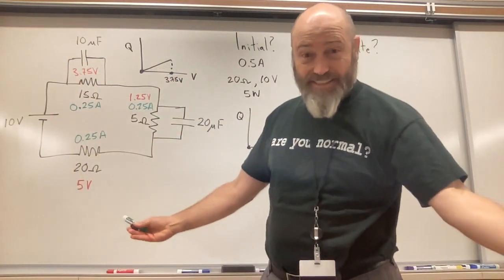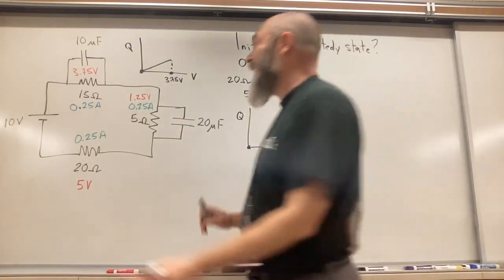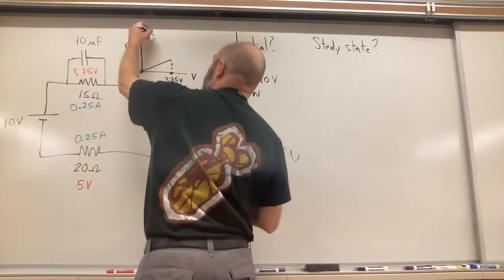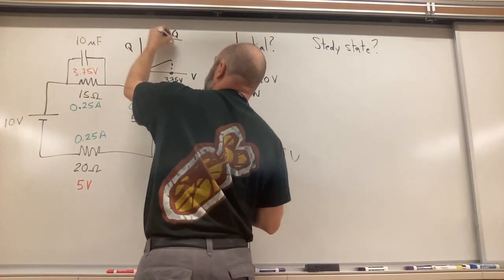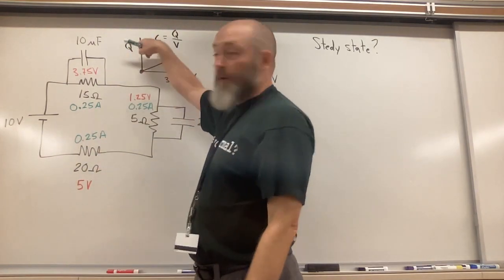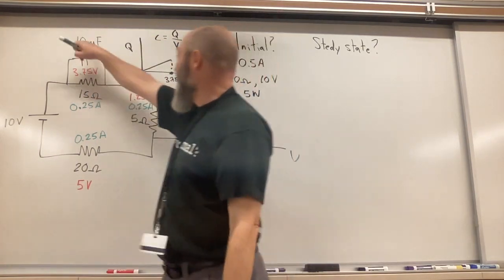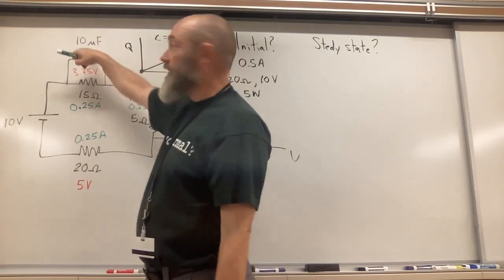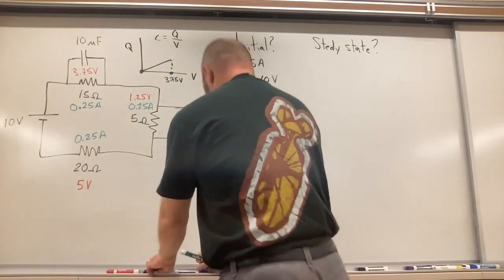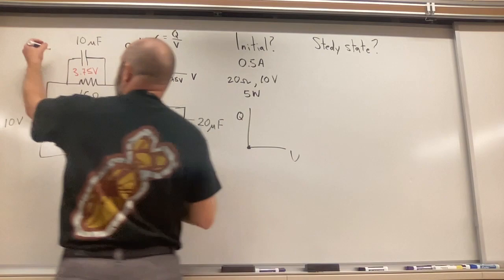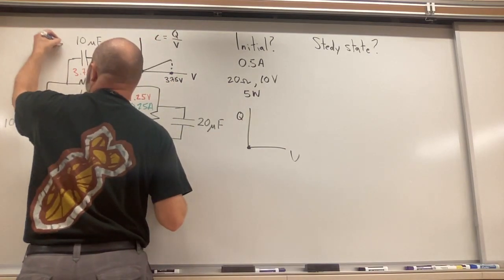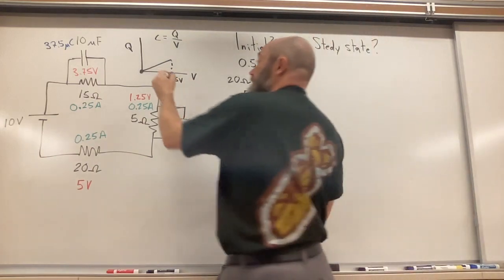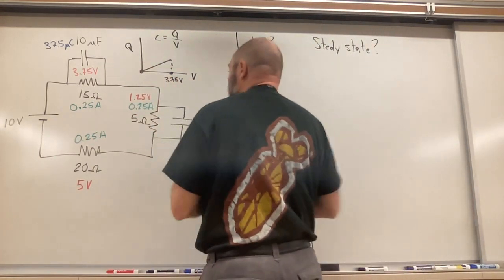That should make sense. If I wanted to find how much charge is stored in that, I always think about it like this, because remember the slope is my C. If I took 10 times 3.75, the charge in this capacitor would be 37.5 microcoulombs of charge.